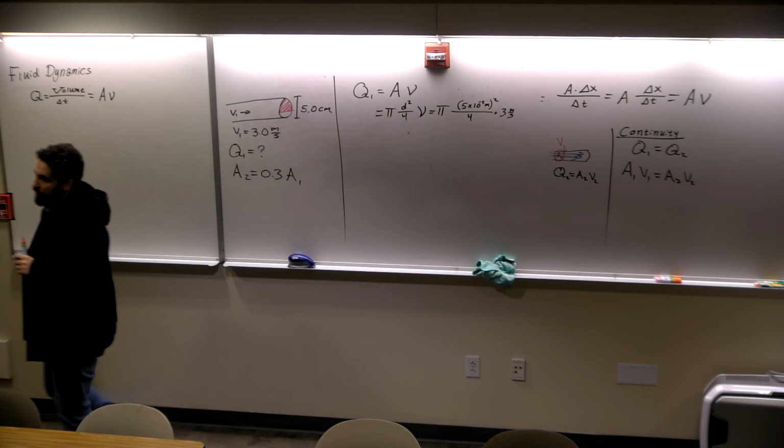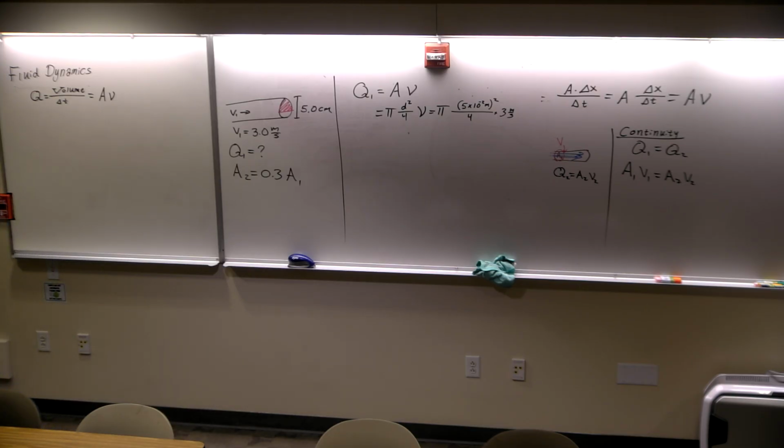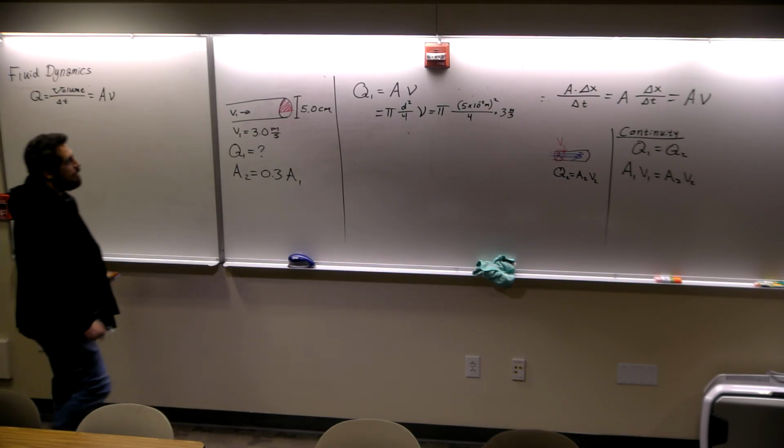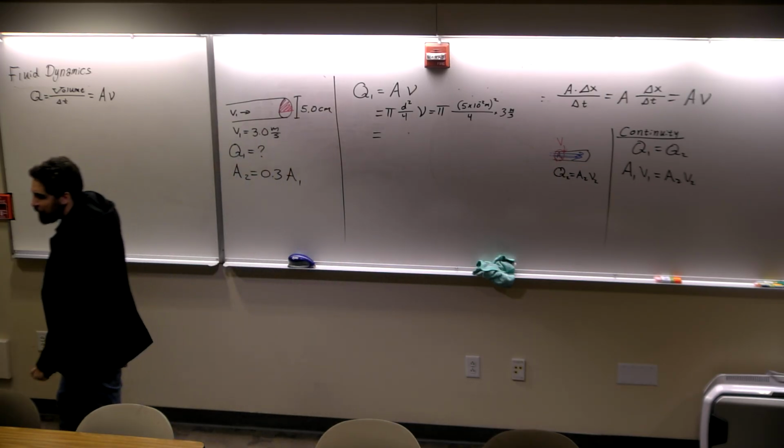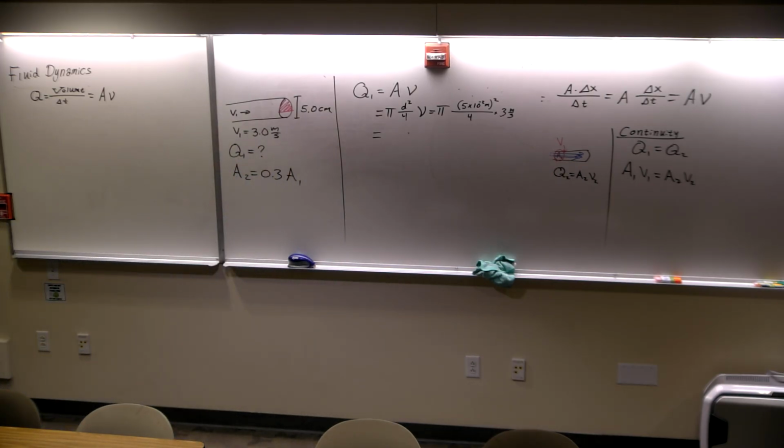I'm neglecting the point zeros there. They do exist. They do tell us something about significant figures, but we'll leave it at that for the calculation portion. So what is our flow rate in region 1? What is the flow rate in the part of the hose that is unobstructed? Calculate it out.